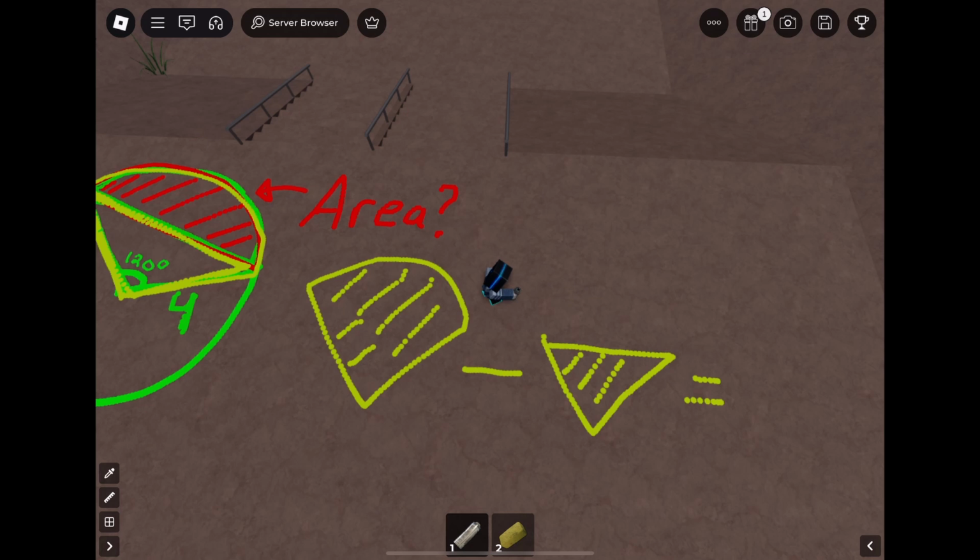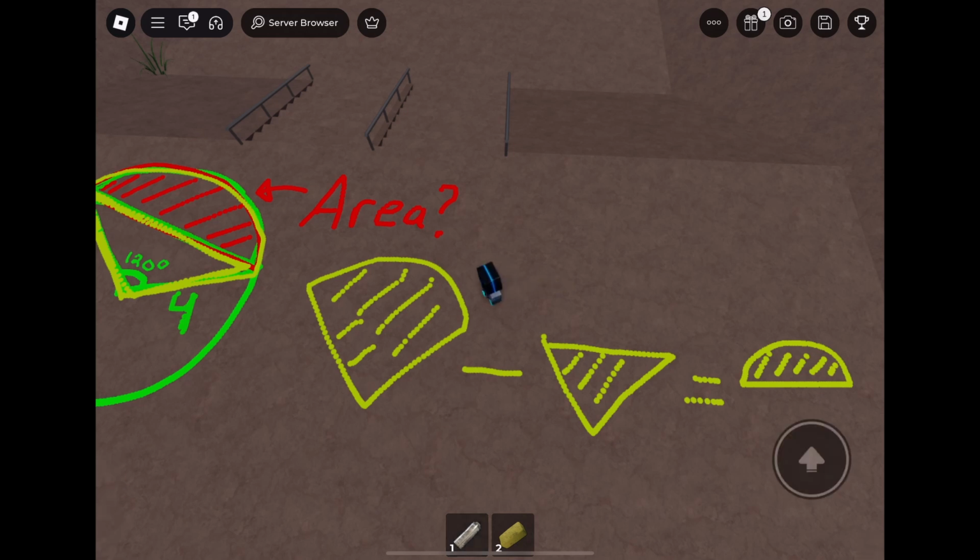I'll just be left with the area of that top little piece there. So all I need to do is find the area of the sector, find the area of this triangle, subtract them, and I'll find the area we want for this problem.